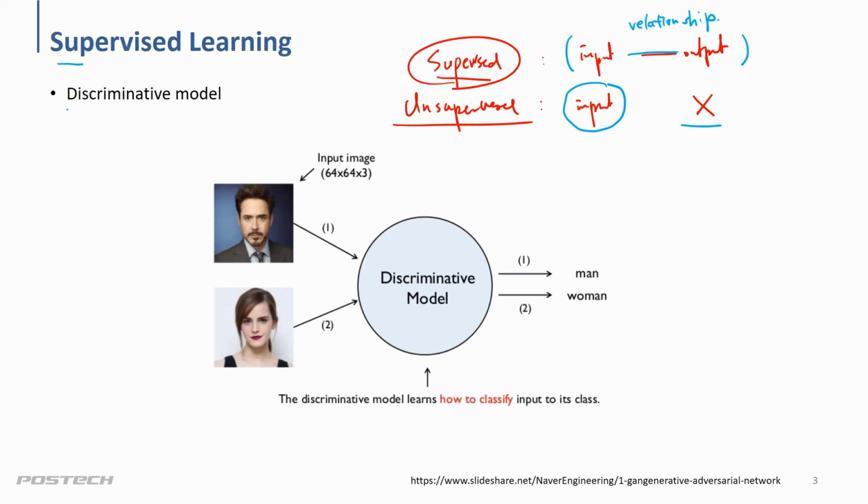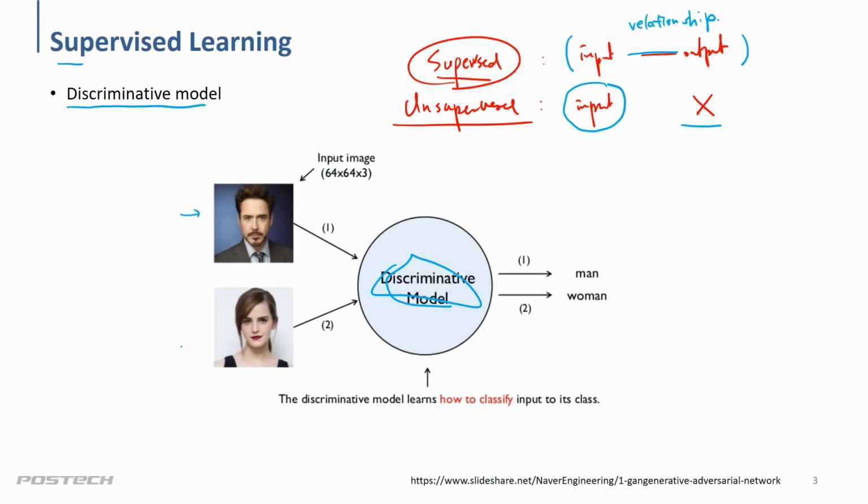Okay, so that's supervised learning. And the first thing is discriminative models. Suppose we have some kind of discriminative model, and I'm going to explain everything with images and pictures.